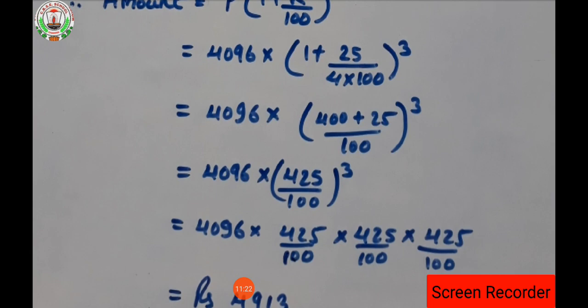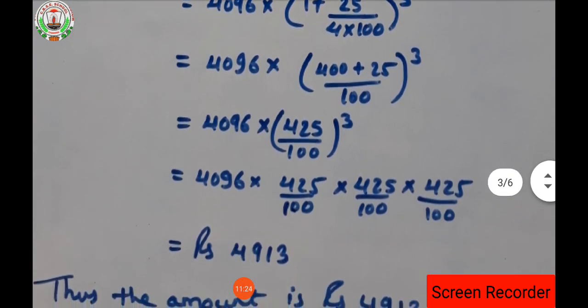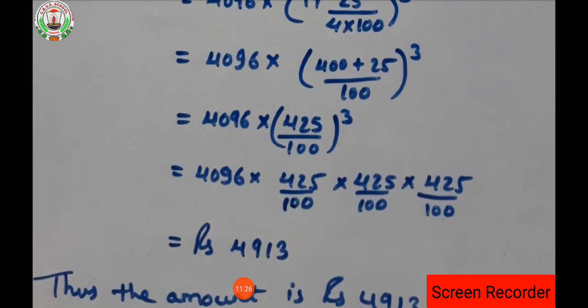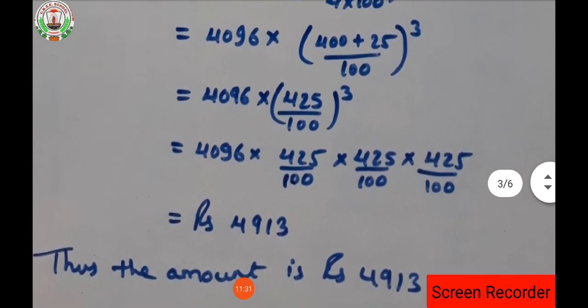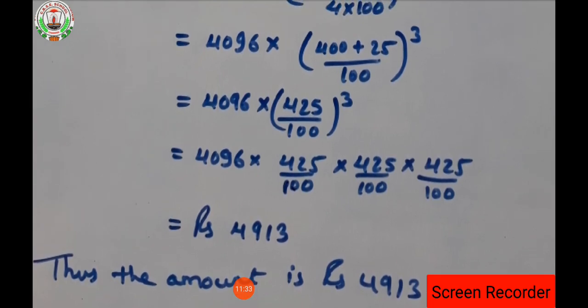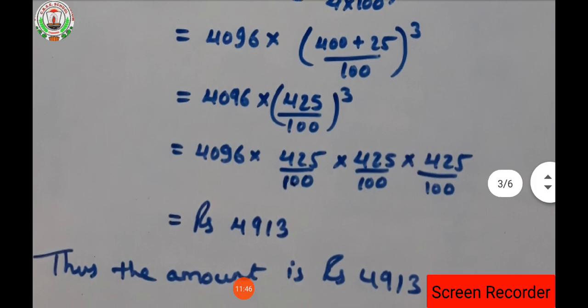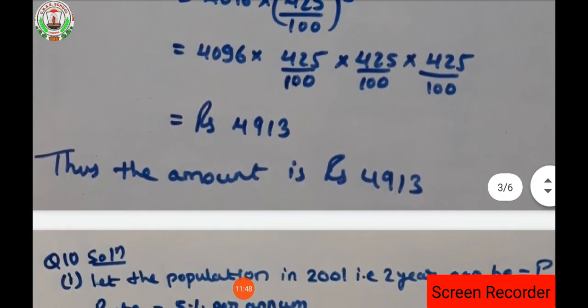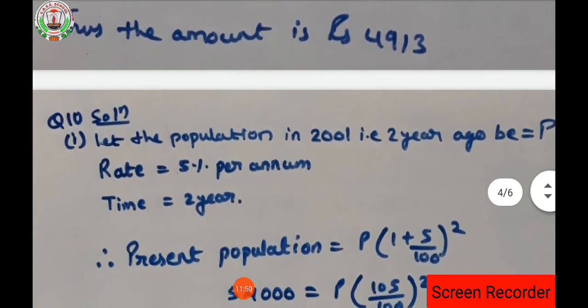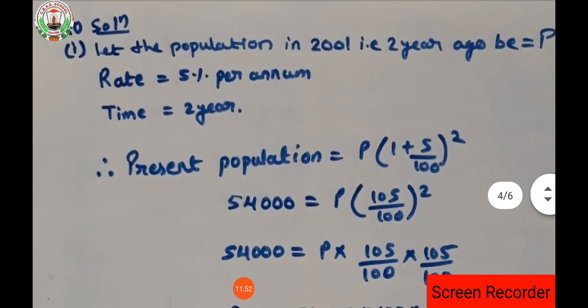So 400 plus 25 will be 425 upon 400. As the whole power is 3, we are going to write it 3 times. Now cancellations will be done by the table of 2 and 5 as well. So after cancellation, what result are we getting? That is 4,913 rupees. Thus the amount is 4,913 rupees. Clear?